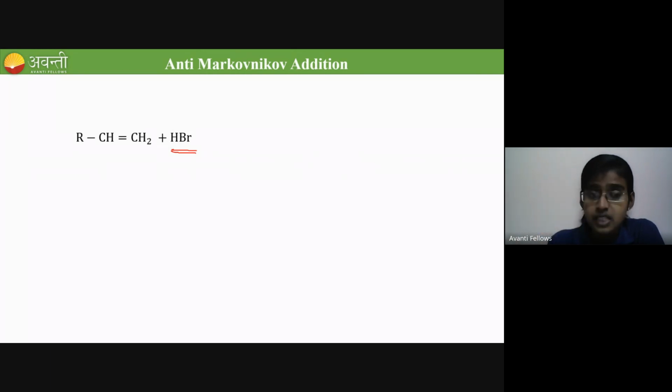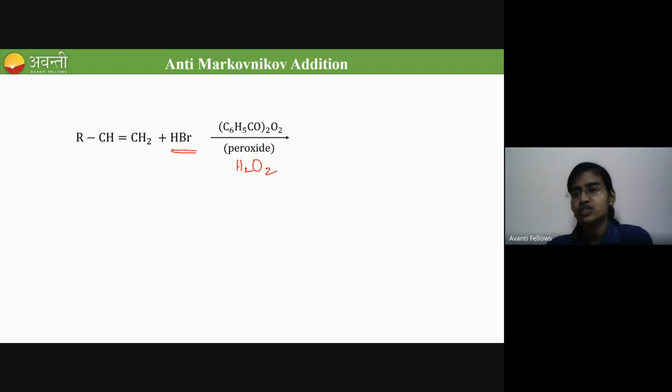With HBr, we have to add one more compound also, which is called peroxide. The peroxide that you can see on the screen is called benzoyl peroxide. And one more peroxide is also there, hydrogen peroxide with formula H2O2. If we are adding HBr in the presence of any one of these peroxides to an unsymmetrical alkene, you have to follow this anti-Markovnikov addition.